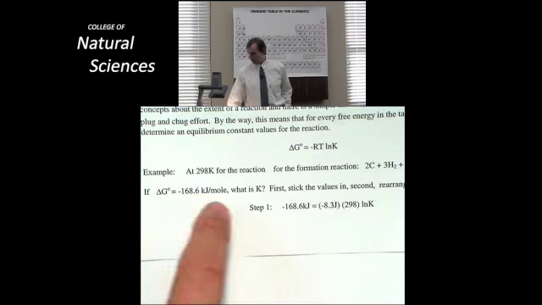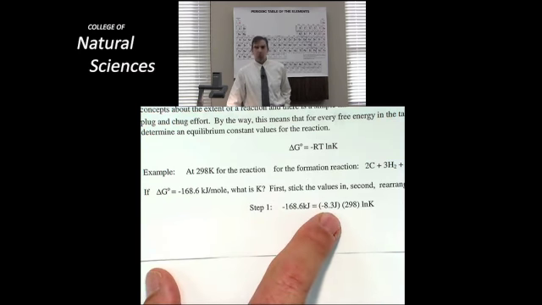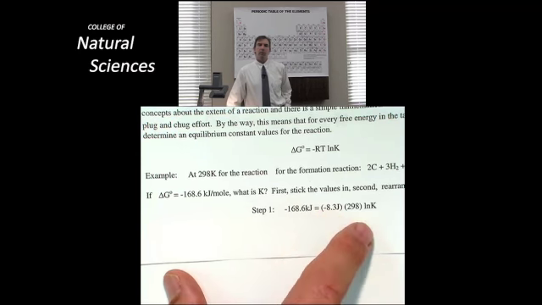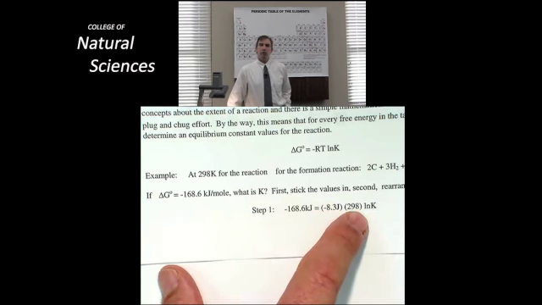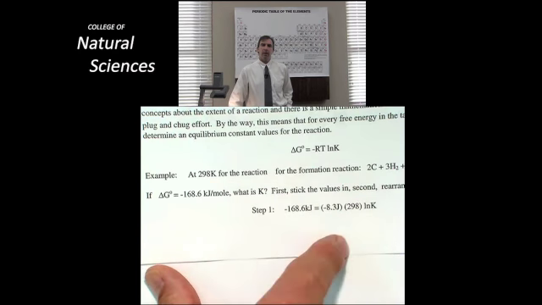So I'm going to go ahead and stick the numbers in here, and when I do that, I have minus 8.3 joules that's associated with my R value, 300 Kelvin or so for the room temperature, log K. So I've got to do this math problem right here to get my answer.